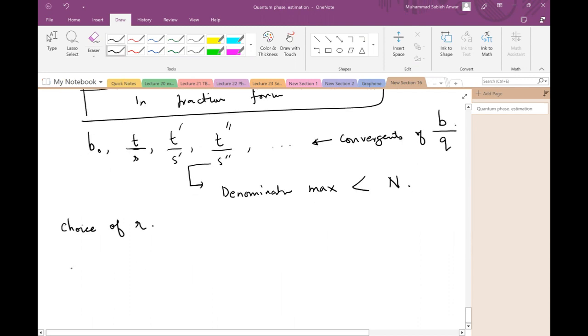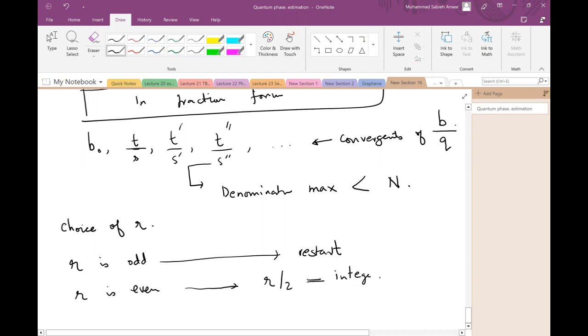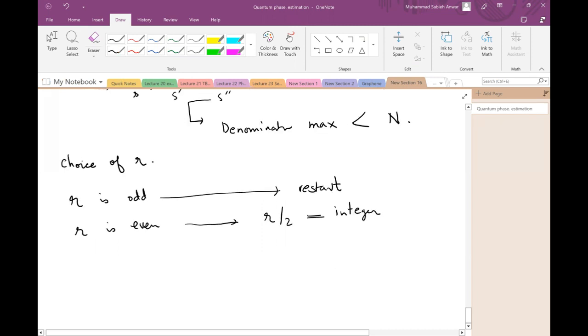Now, if that choice of r is odd, we restart. If this choice of r is even, then we're lucky, because we can then form r over 2, which becomes an integer. And if we are at this stage, we could use our initial choice of a and construct a^(r/2) plus 1, and also construct a^(r/2) minus 1.